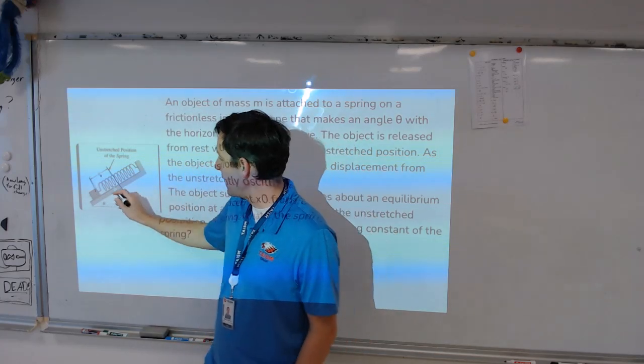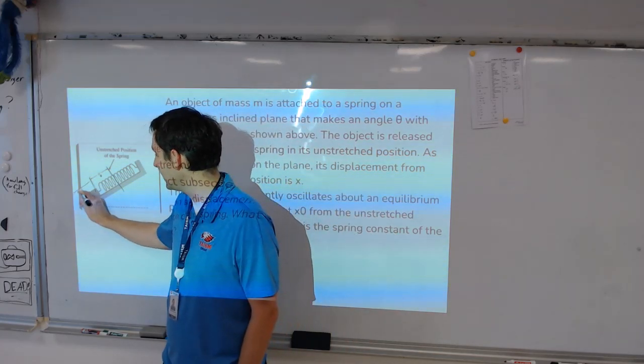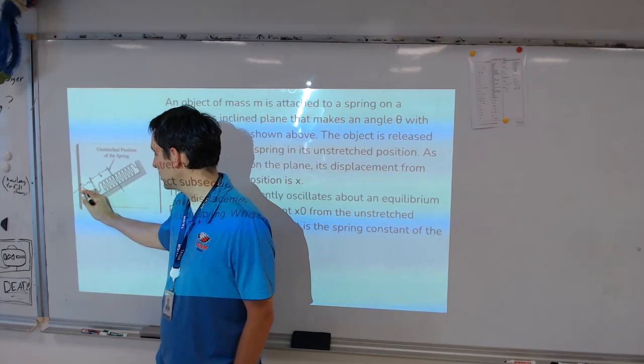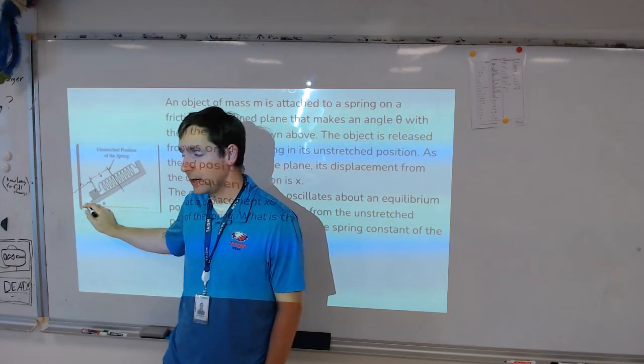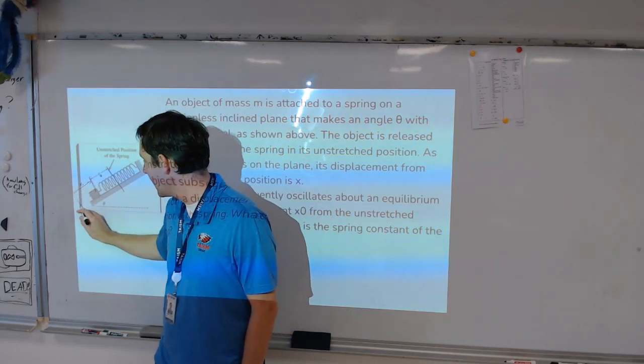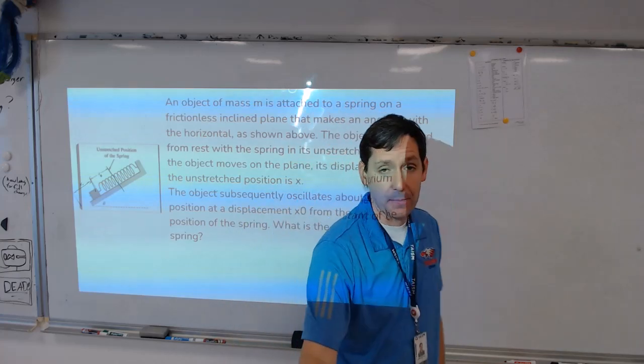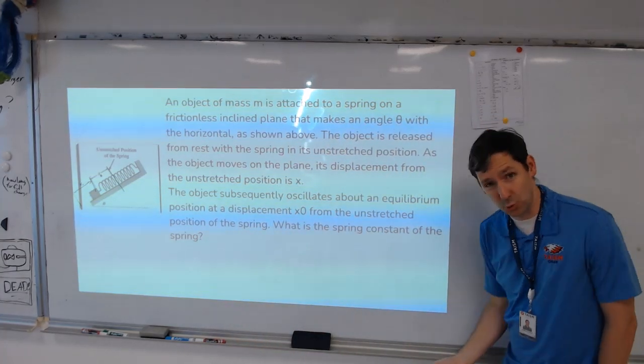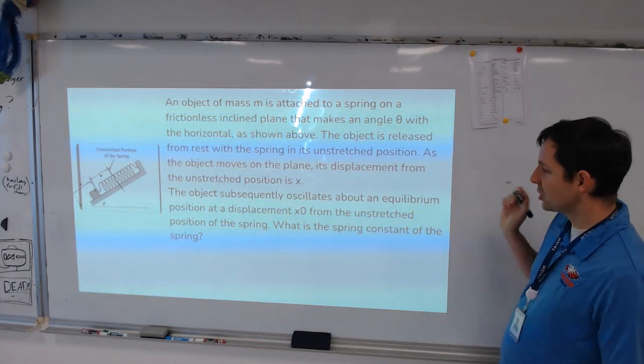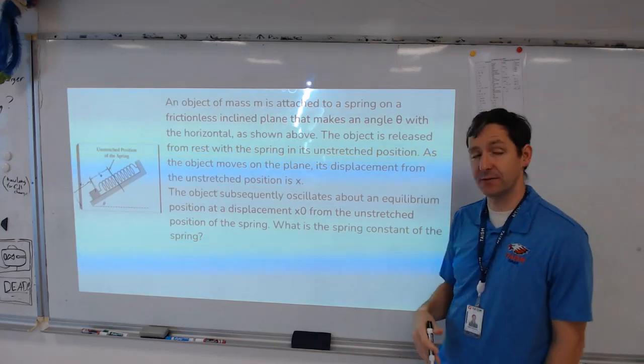Now from there, it's going to go x naught again, because the equilibrium position isn't enough to stop it. It keeps going until it has gone x naught again, and then at that point it stops, reverses, and goes back the other direction. So the question is, what is the spring constant of the spring?